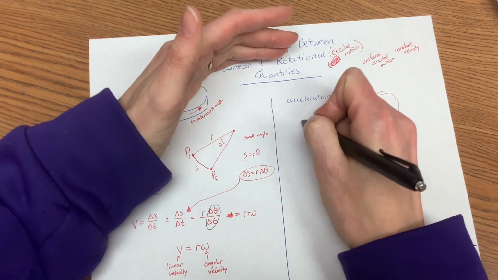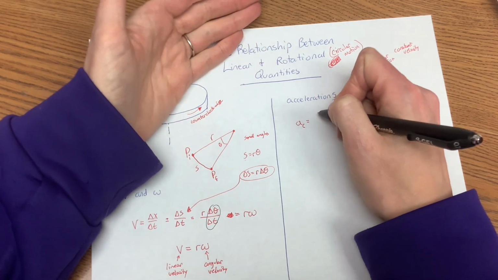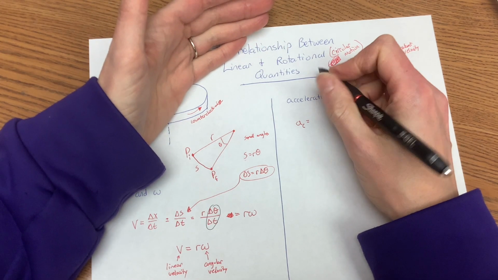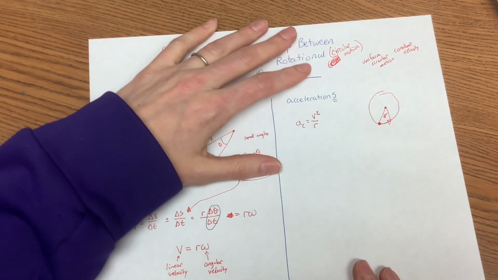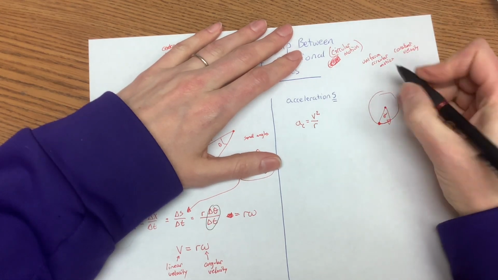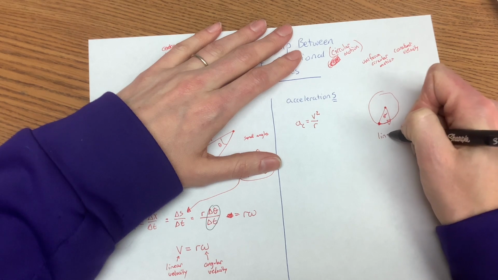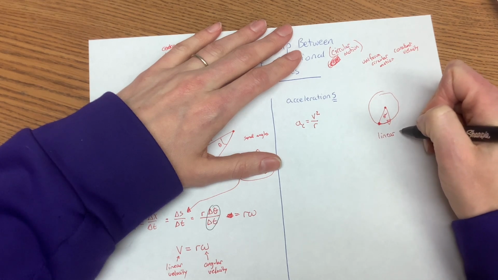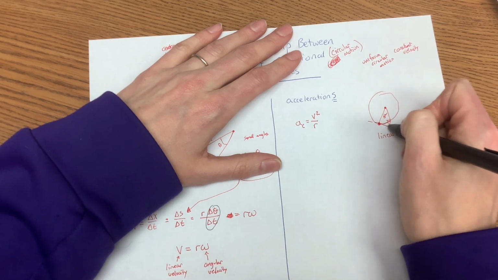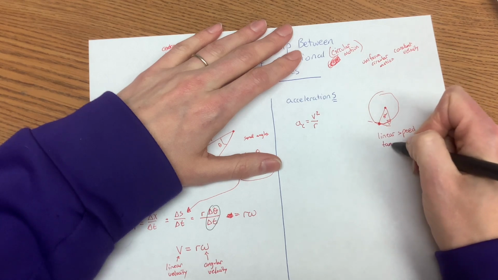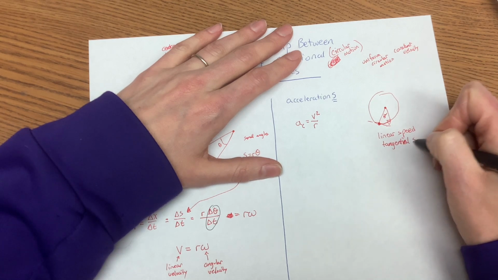Now we know one of the accelerations, and that's going to be the centripetal acceleration. And you know the formula for that is on the equation sheet, and that is v squared over r. But there's this other acceleration now, because it could be speeding up. That linear speed is in the direction along a tangent line, so they call it the tangential speed.